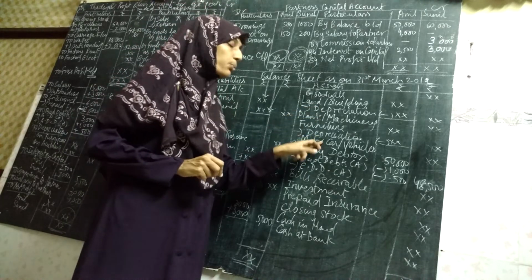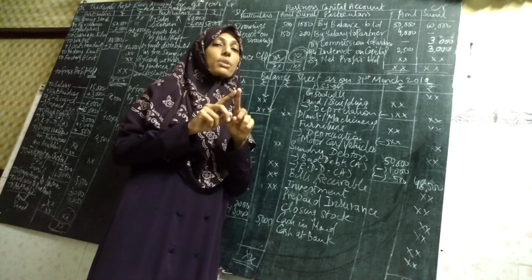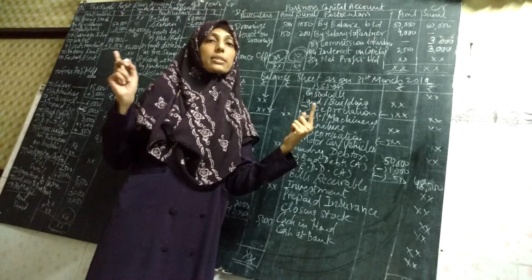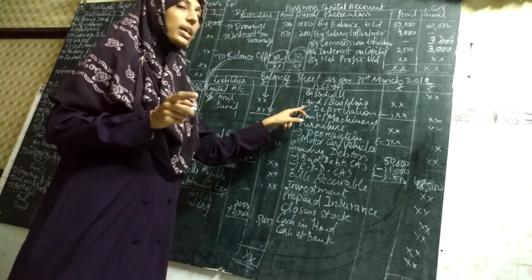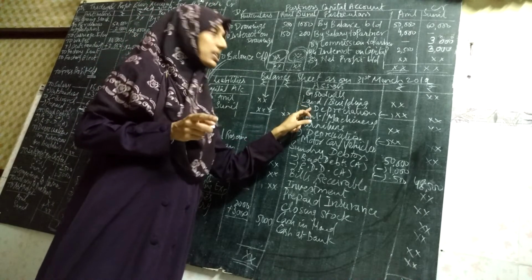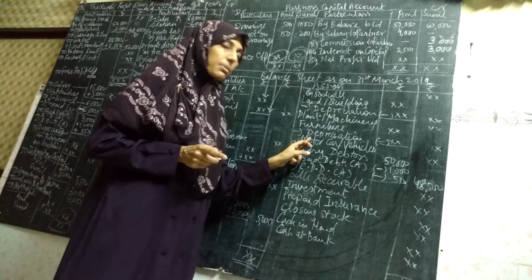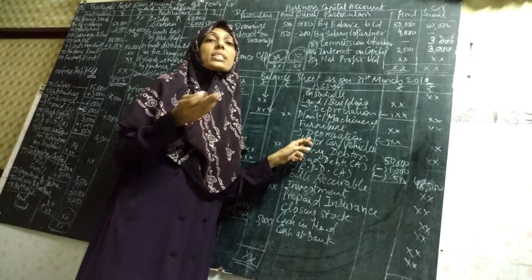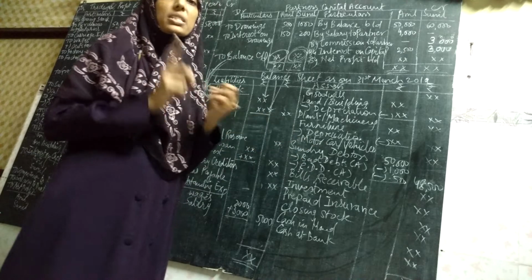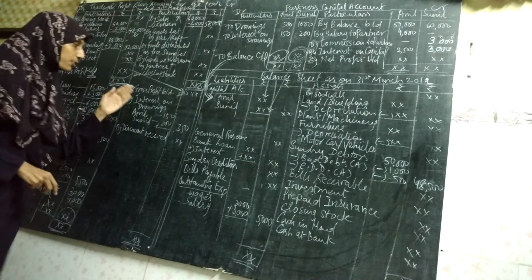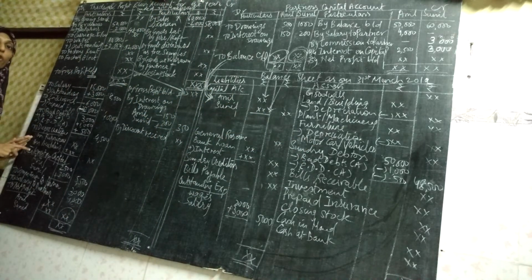But since it is given in the adjustment, you will have to write it on two sides, the debit side and the credit side. So where are the two effects of depreciation? Depreciation is deducted from the asset: minus from the fixed asset, minus from the furniture. And what is depreciation for the businessman? Depreciation is a loss to the business. Therefore, it is shown on the debit side of the profit and loss account.